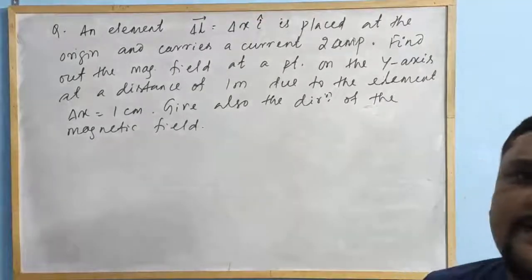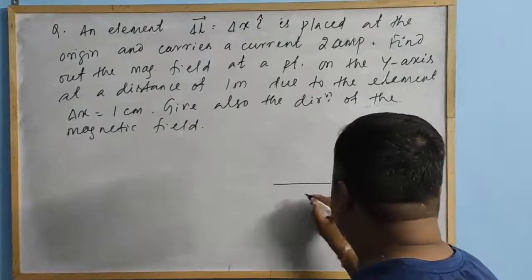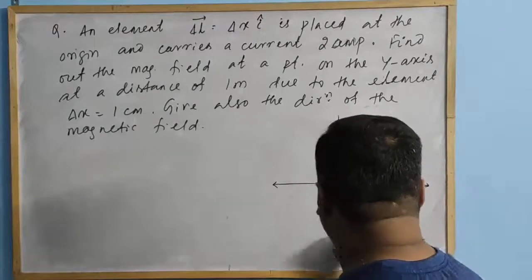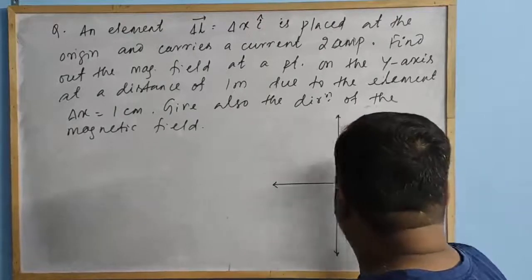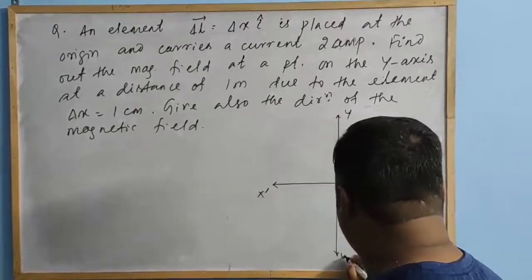Also give the direction of the magnetic field. So let me draw this figure. Let this be the coordinate system, x dash, y dash.